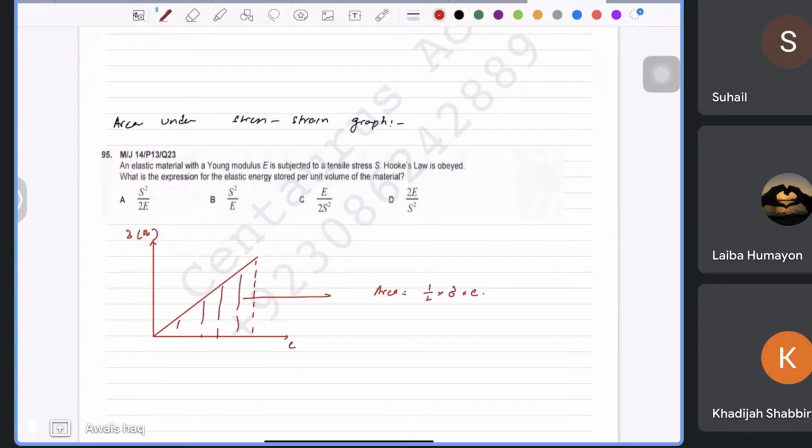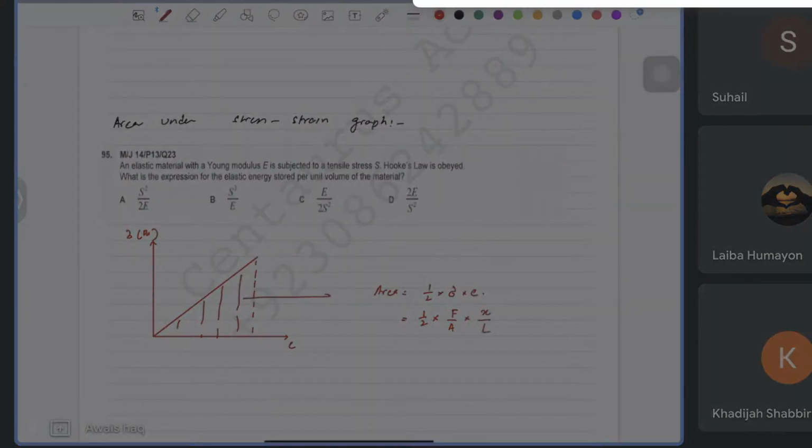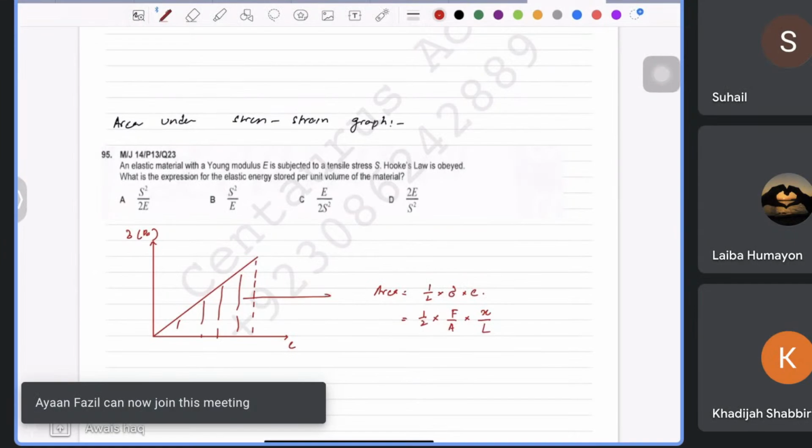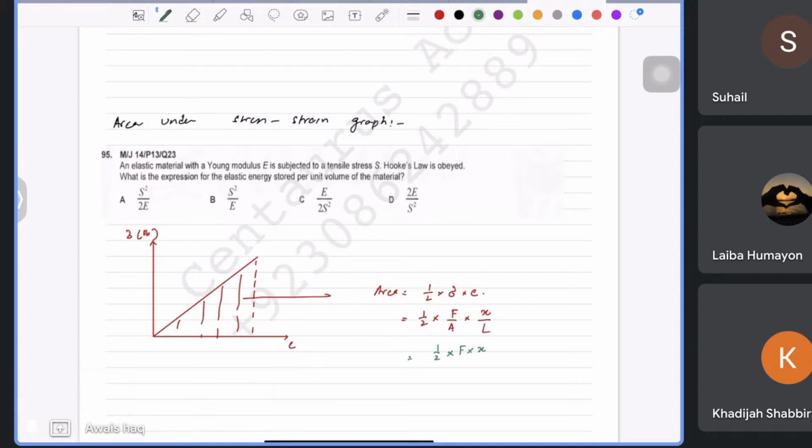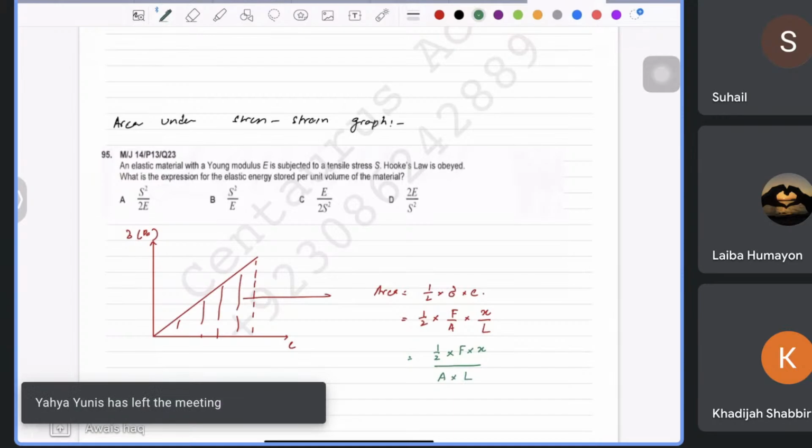Now do not assume that it is energy, because force times x graph is energy, but this is not. Why? Because if you open the formula, stress is force over area and strain is x over L, so you get half times F times x over area times length.